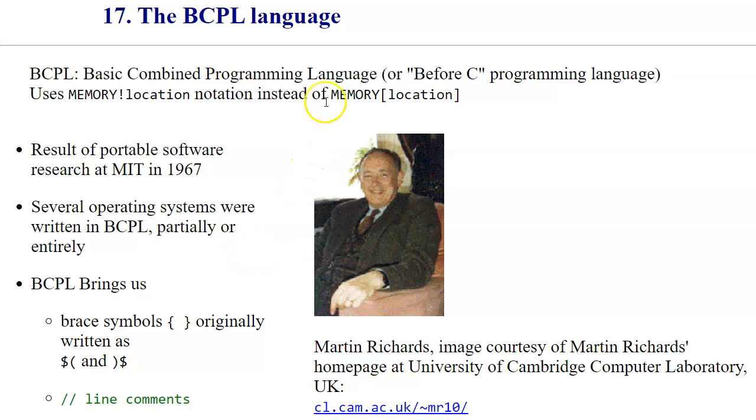So instead of using the syntax that we've tried to use in our code, it was using an exclamation point to indicate a combination of the base memory and specific location relative to that base memory address.